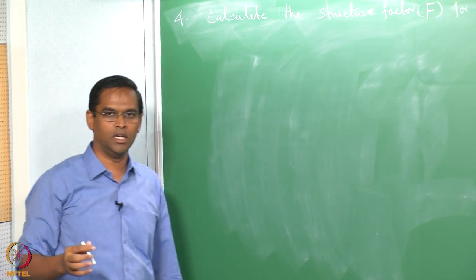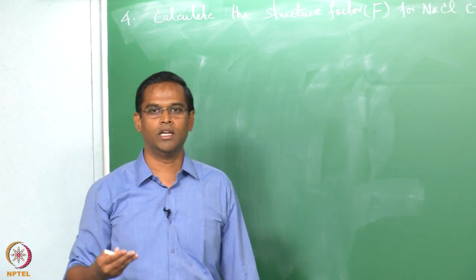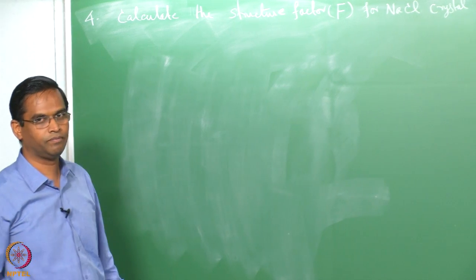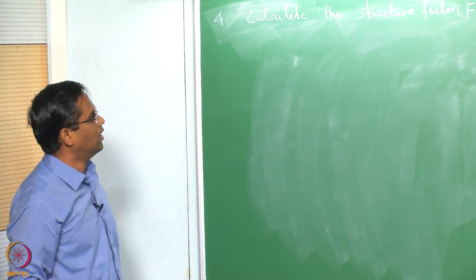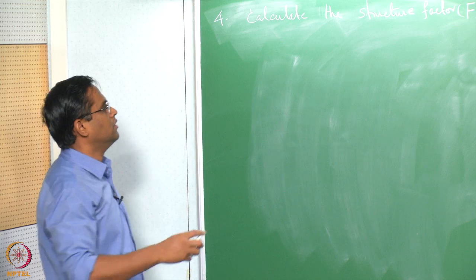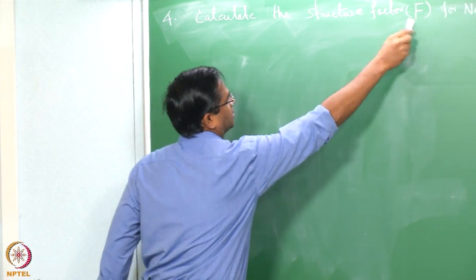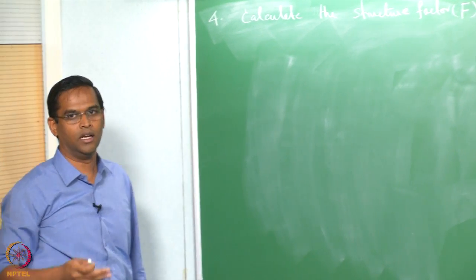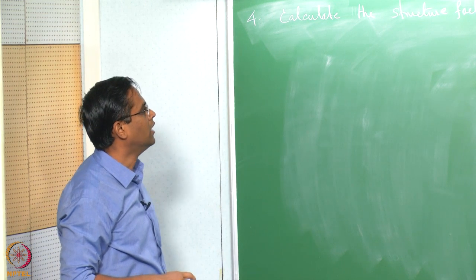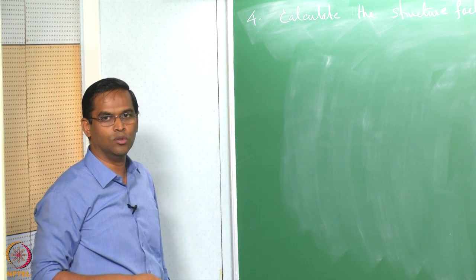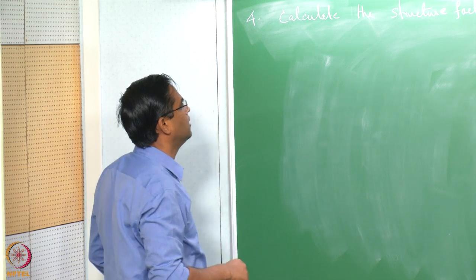We have solved a few problems in the lectures. In fact, this is already solved in the lecture class if I am not wrong. Nevertheless, we would like to recall and then try to redo that.